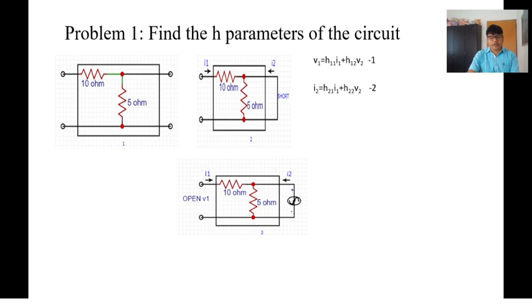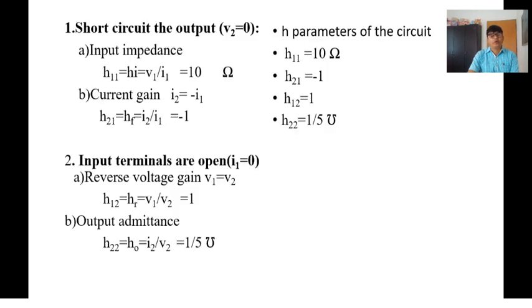Under this condition there will be no current in the 10 ohm resistance, so I1 is equal to 0, and therefore there can be no voltage drop across it. Consequently, all the voltage appearing across the input terminal, V1, is equal to V2. Hence H12 is equal to V1 by V2 is equal to 1.